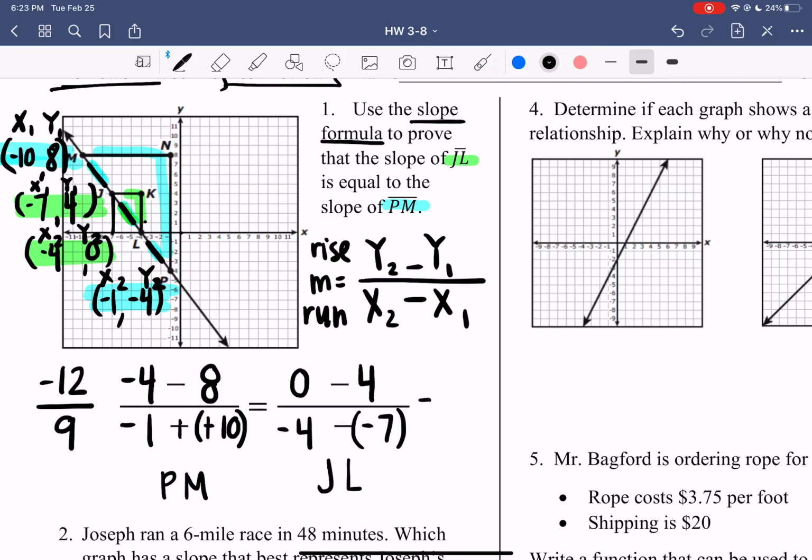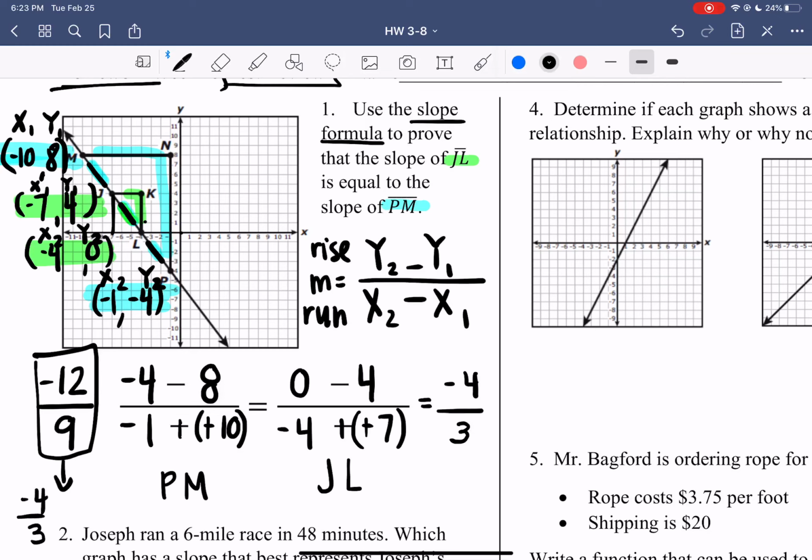Over here we have 0 minus 4, which is negative 4, over negative 4 minus a negative 7, so that will be plus. Negative 4 plus 7 gives me a positive 3. So we have negative 4 over 3 and negative 12 over 9. If I simplify this one, it will also be negative 4 over 3.